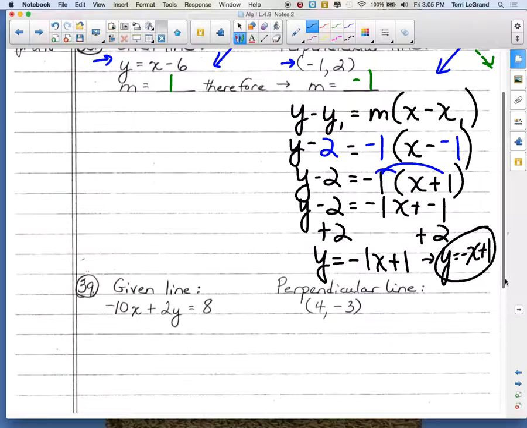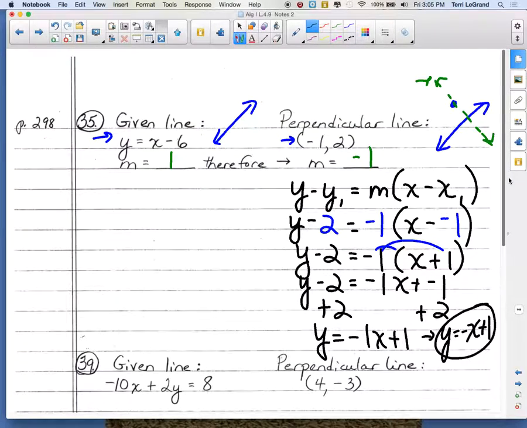Is that what it's supposed to be? Yes, so we have verified that it's going through that point. And we got a picture of our graph, and they look like perpendicular lines, so we can feel pretty confident we have a good equation for our new line. We're basically saying that this line right here is y equals negative x plus 1. And remember what we said, it should have a negative slope, which it has.